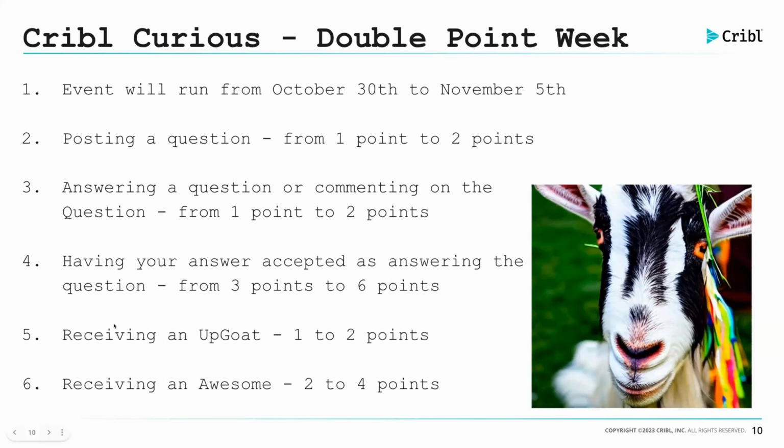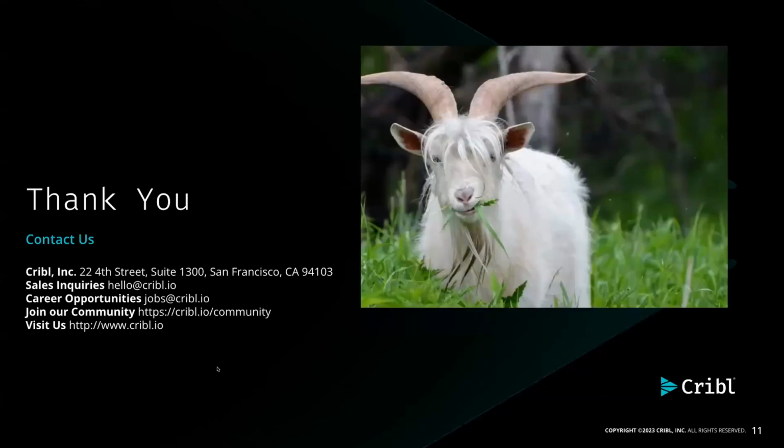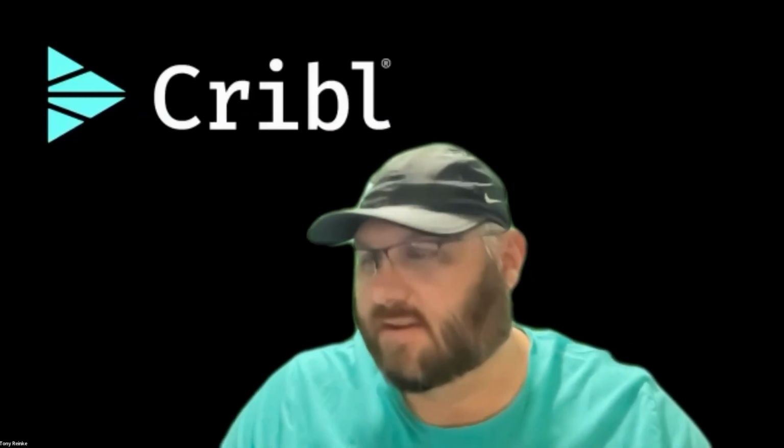So you could get up to 12 points for a single answer in the double point week. And that was my community update. Chris, did you have anything else? I don't. Awesome. I love when I can actually cover everything.